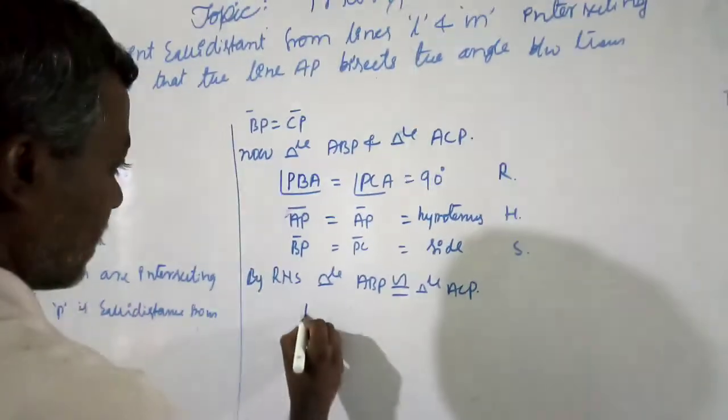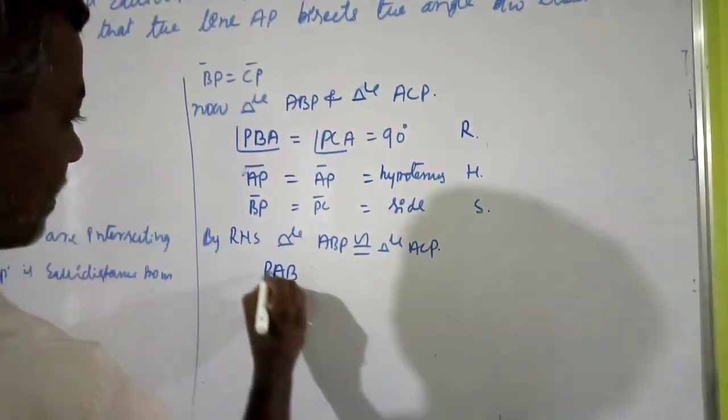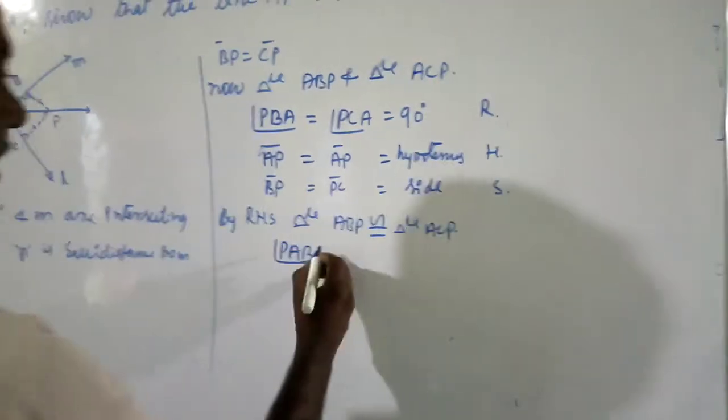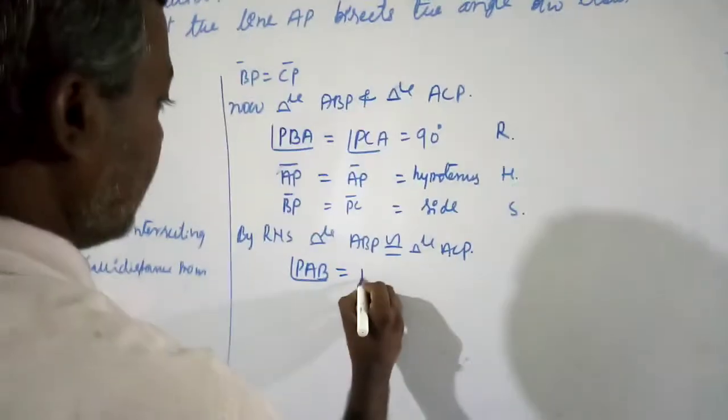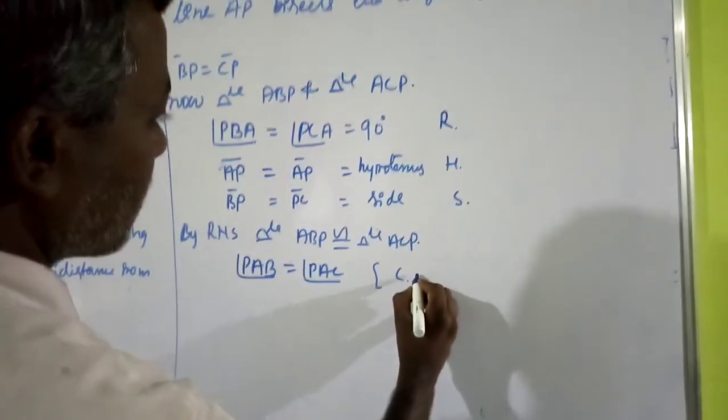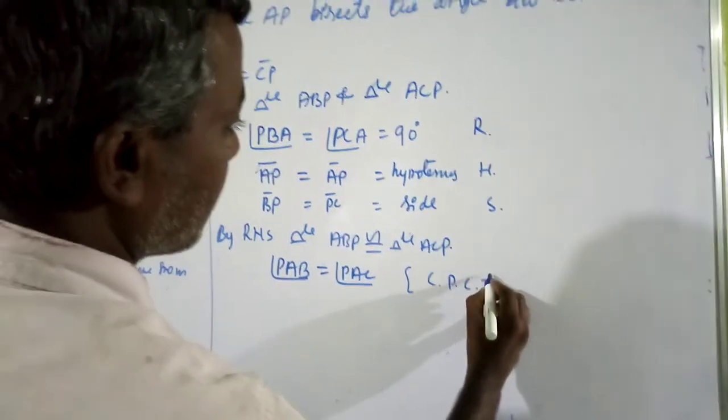Now take angle PAB equals angle PAC. Why? Because of corresponding parts of congruent triangles.